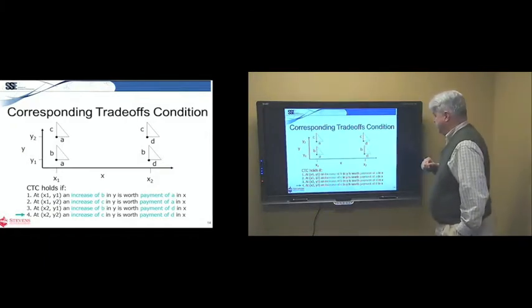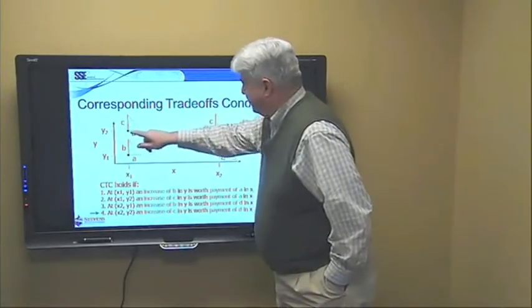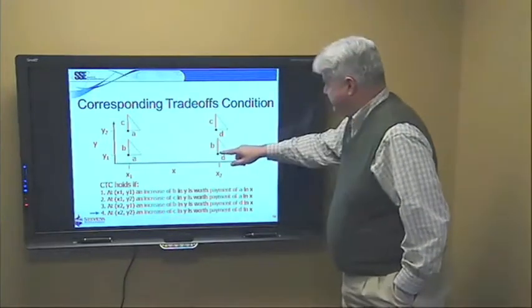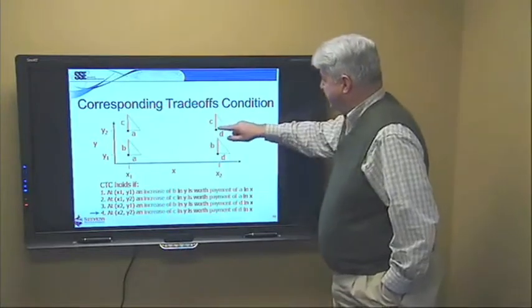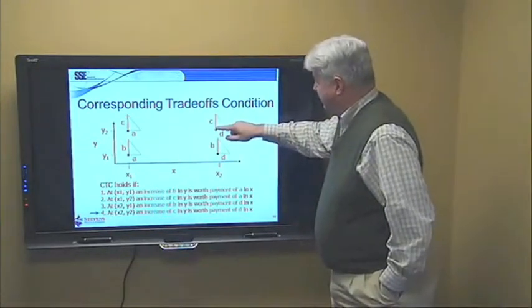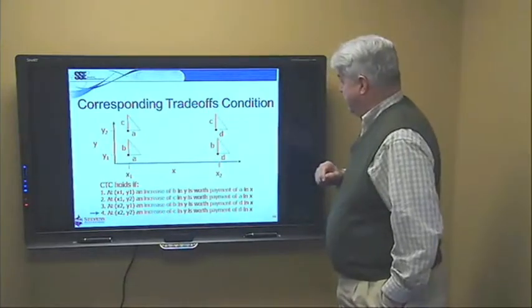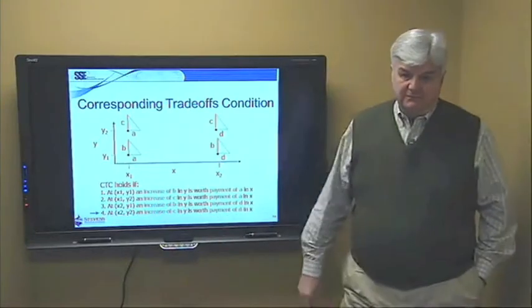If that's true, and an increase of c is equivalent to giving up a here, and over here an increase of b in y is worth giving up d, then it must be here that an increase of c will allow giving up d. If that answer is not d, it's not a linear function.